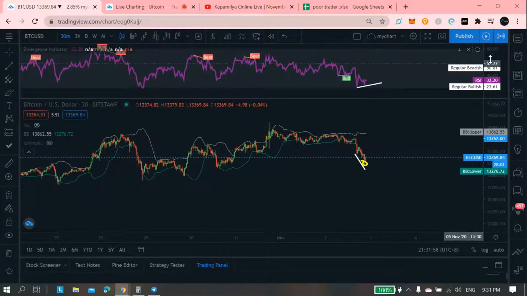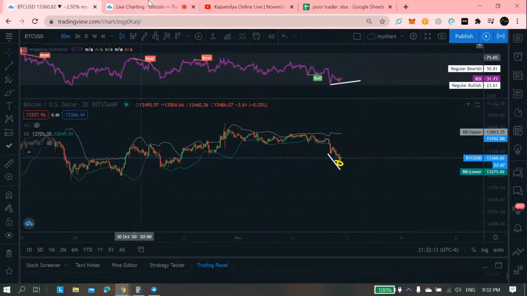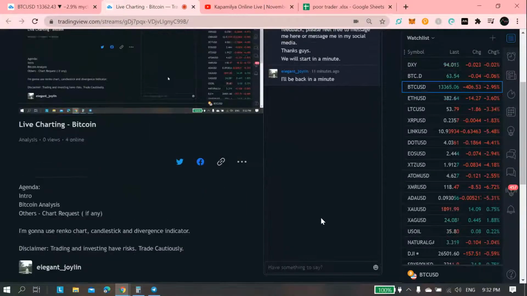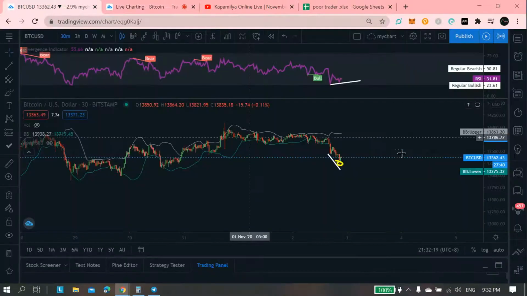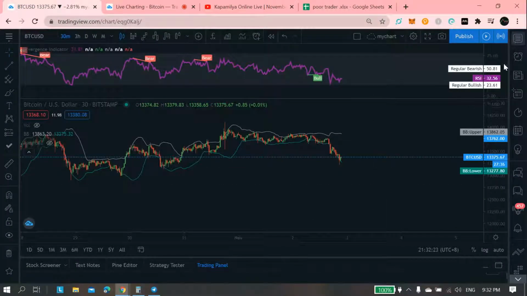But if ever I add some indicator, I normally use RSI or this one, since it also uses RSI, the divergence indicator, and sometimes the Bollinger Band. So if you have some questions, just feel free to ask.